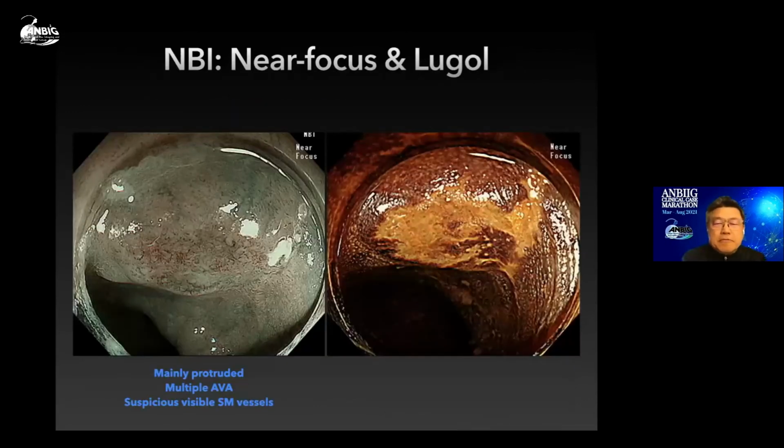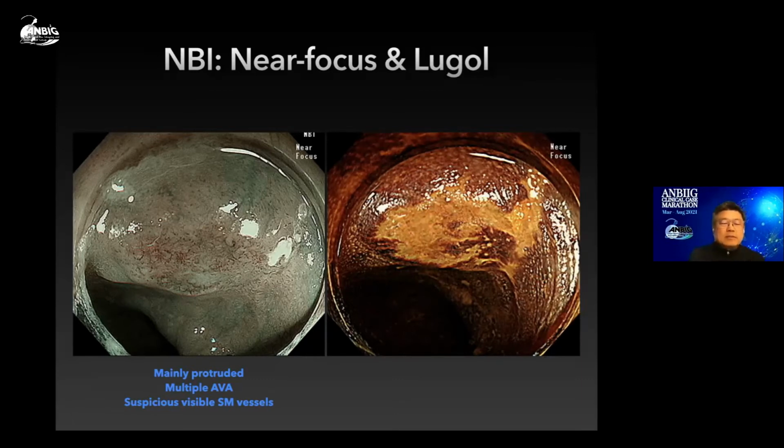This is a near focus view and the Lugol staining. The near focus view shows a slightly irregular arrangement of the spots and linear components of the microvessels, and a multifocal avascular area.